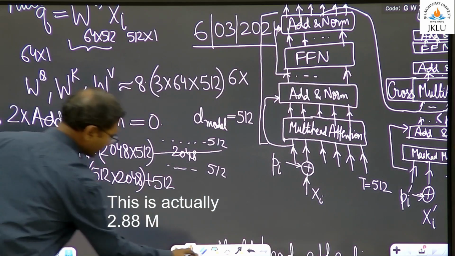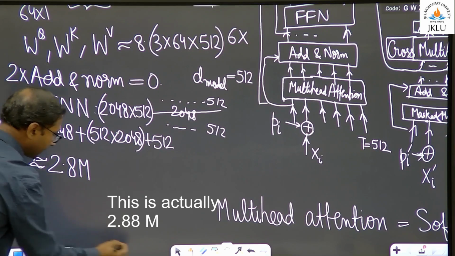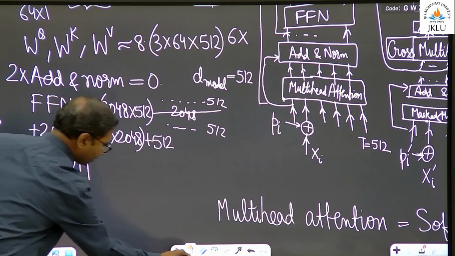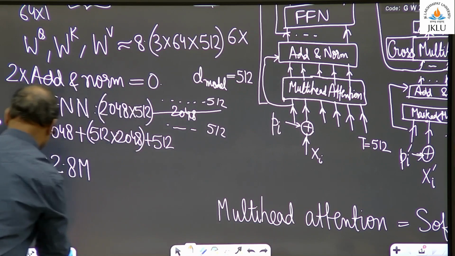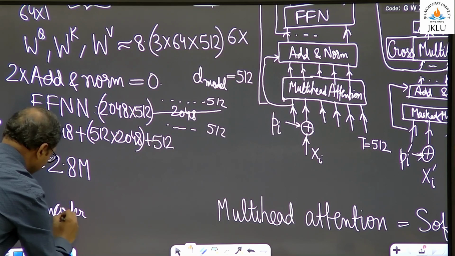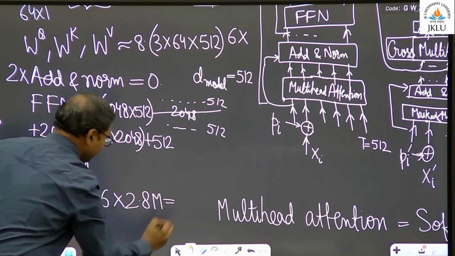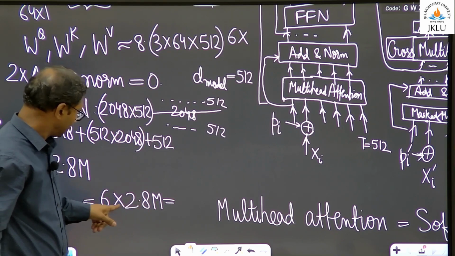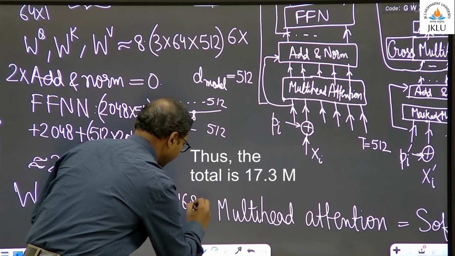So, total number of parameters in my encoder is 6 into 2.8 million, which is, multiply once, I just want 6 into 2.8. 16.8.